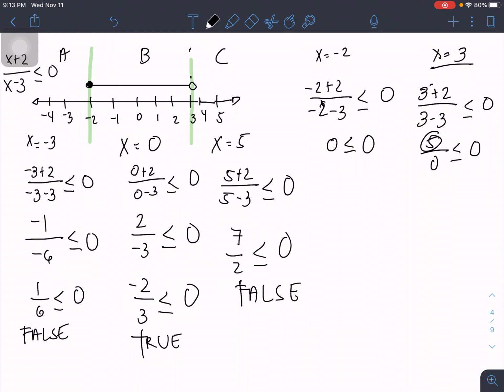It also excludes 3 as the solution of x. So in interval notation, I'll be having a bracket, because that is a solid circle, -2, comma, 3, with a parenthesis beside 3, meaning 3 is not included. So [-2, 3).